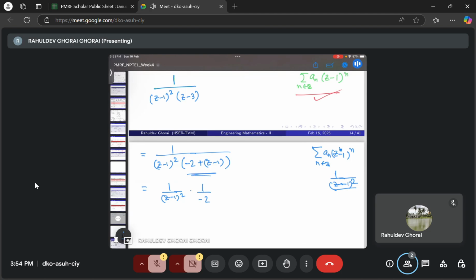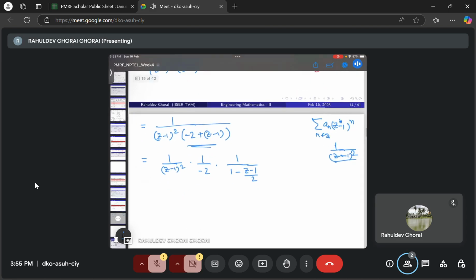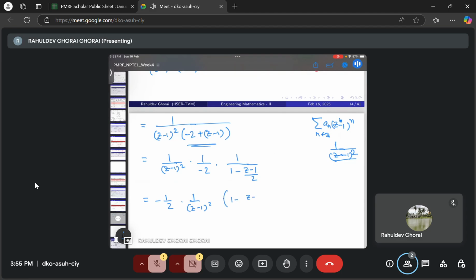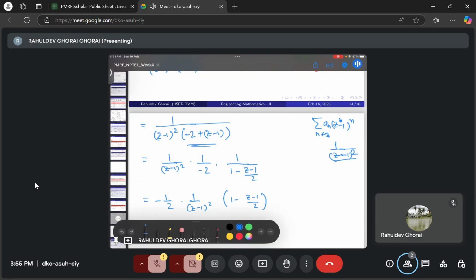So you take 1 over minus 2, right? Then what will happen? 1 over 1 minus (z minus 1) over 2, right? So that will be minus 1 over 2 times 1 over (z minus 1) whole square. This will be (1 minus (z minus 1) over 2) to the power minus 1.